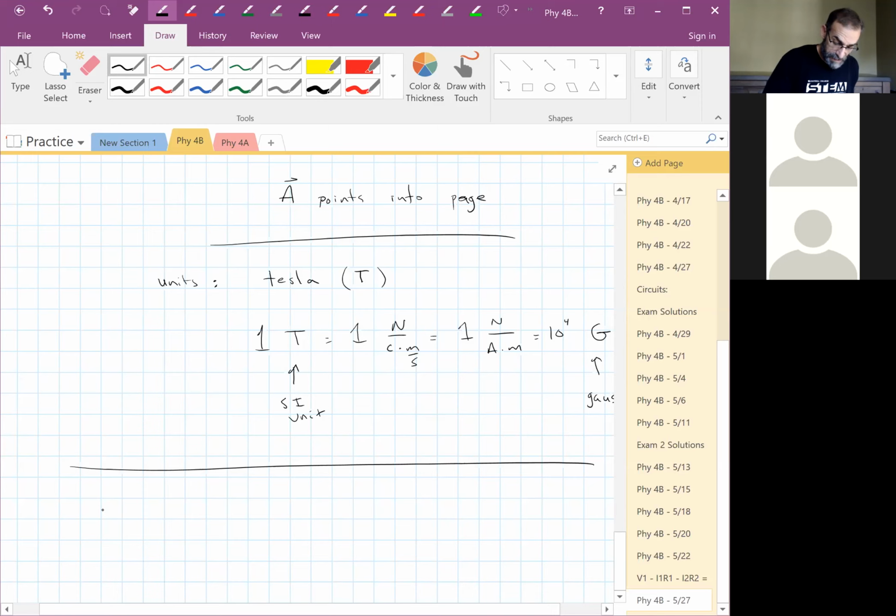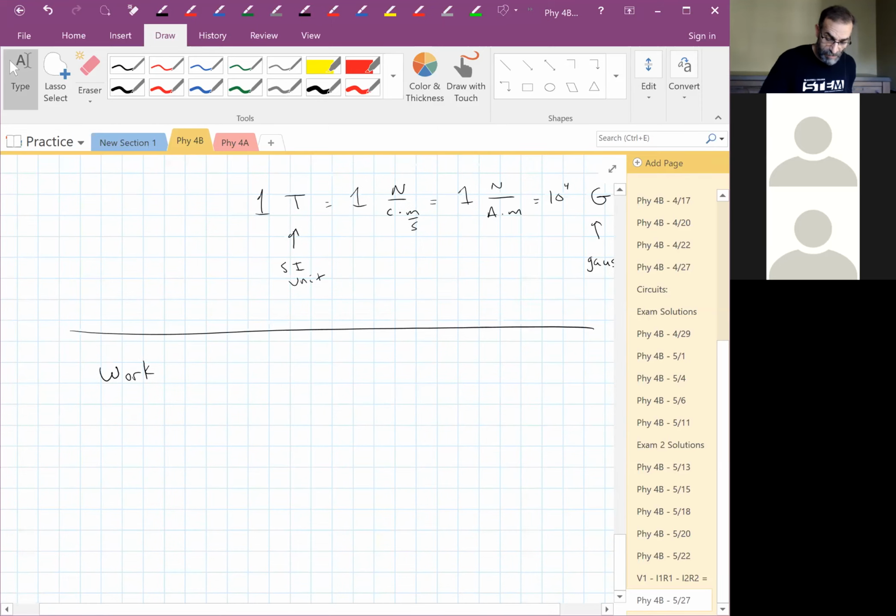Work. Let's talk about work. We love to talk about work done by forces, don't we? So I've got a magnetic field. I'll make it pointing towards the top of the page.